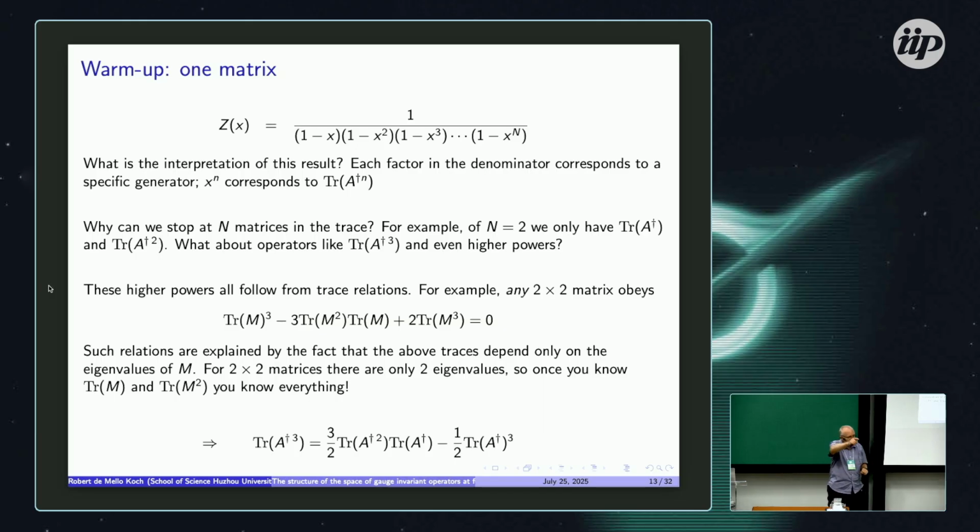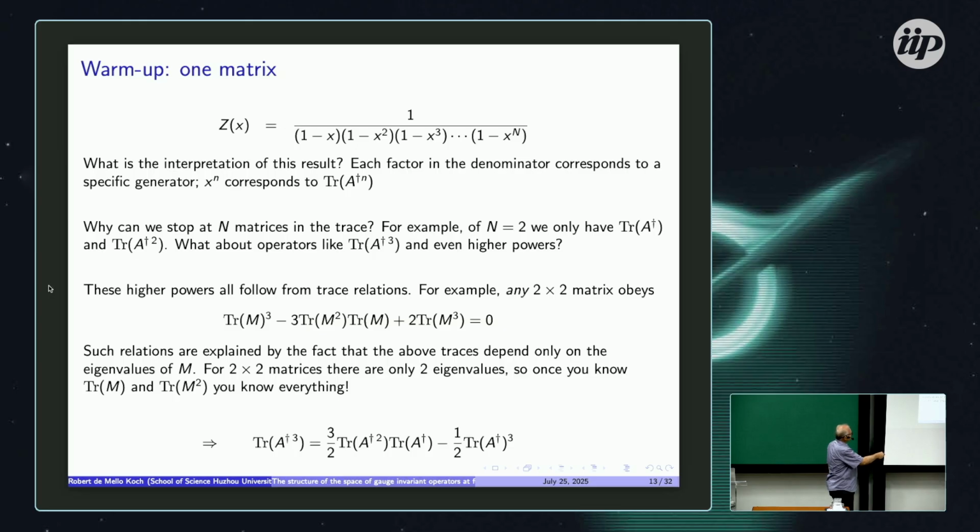If I have a 2 by 2 matrix, let's imagine it's diagonalizable. If I tell you what the trace of m is, I told you the sum of the eigenvalues. If I told you the trace of m squared, I told you the sum of the squares of the eigenvalues. So if you know trace of m and trace of m squared, you can solve for the eigenvalues. You can then work out, if you like, the trace of m cubed. That's what this equation over here is telling us.